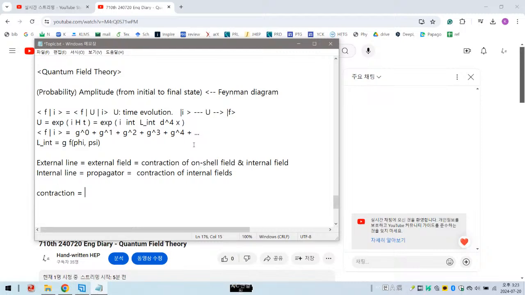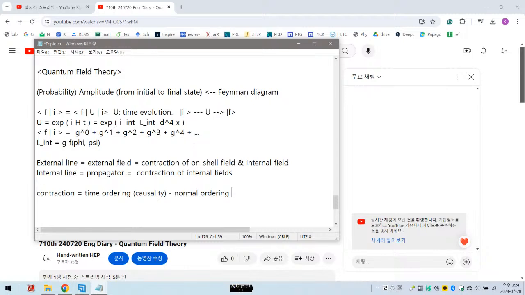Initially the fields are ordered with time ordering to satisfy the causality of special relativity, and we can reorganize them with normal ordering. Normal ordering means that the creation operators go to the left and the annihilation operators go to the right, so that each term gives zero when it acts on the vacuum.